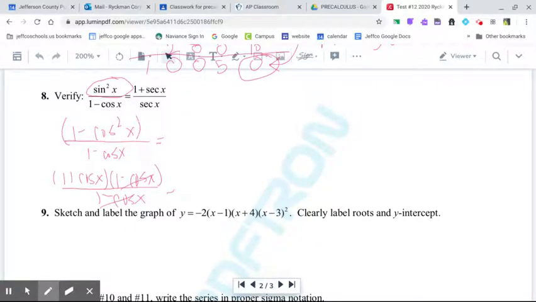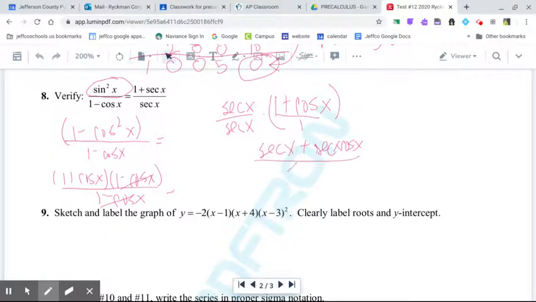So now I have 1 plus cosine on the left-hand side. I want to get secants. Well, let's talk about that. I could multiply in fractions. So why don't I just multiply by secant over secant? When I do, I get secant x plus secant x cosine of x over secant of x.